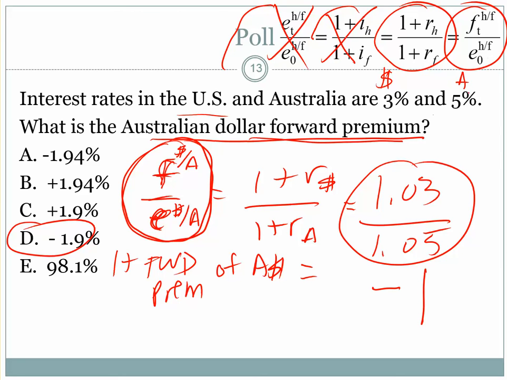Australia has roughly 2% higher inflation, implied by the fact that they have 2% higher interest rates. Therefore, the forward price of their currency should be about 2% less, and it never works out to be exact, so it's negative 1.9%.